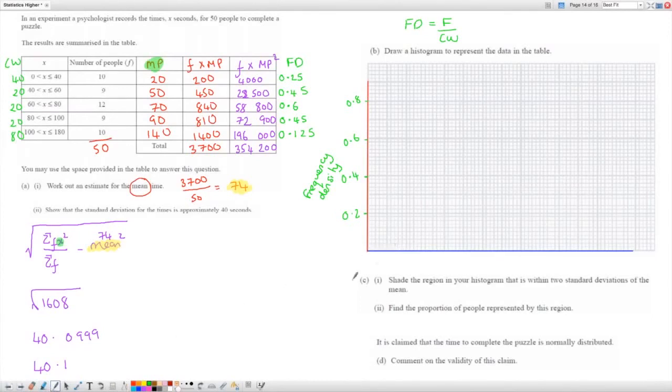If we split up into 5s, we have here 5, 10, 15, 20, 25, 30, 35, 40, 45, 50, 55, 60.